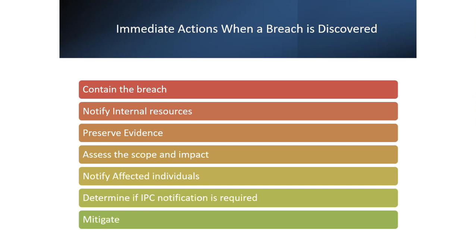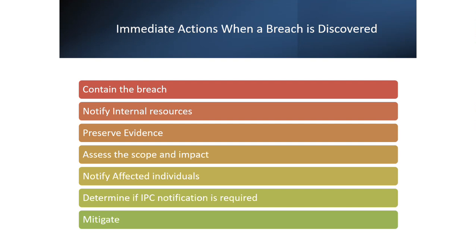Now the next step is to notify affected individuals. So HIPAA says that you must notify at the first reasonable opportunity. Now, first reasonable opportunity can mean a lot of things to a lot of people. So as usual, check with legal. But I can tell you that the notification must include what happened, what information was involved, and advice to minimize harm.